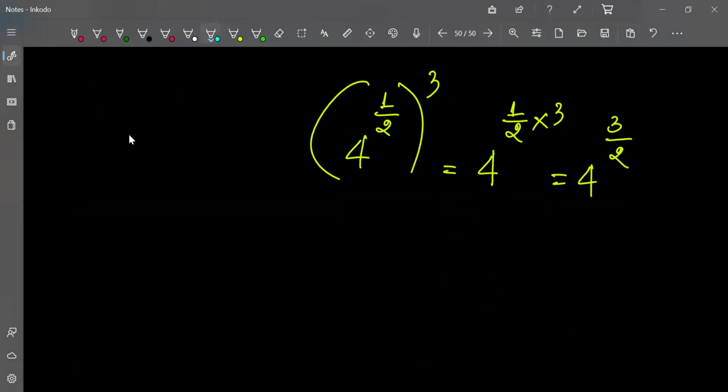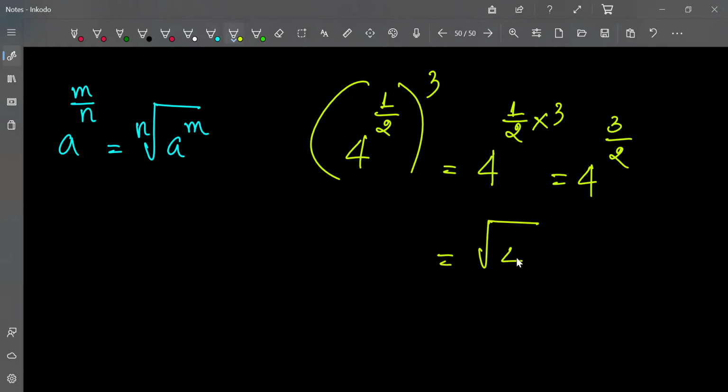Now we can use the power rule: A power m over n is equal to the n-th root of A power m. So now we get the square root of 4 power 3.